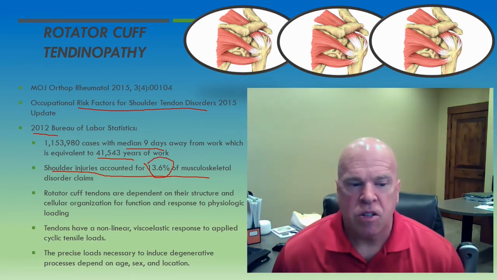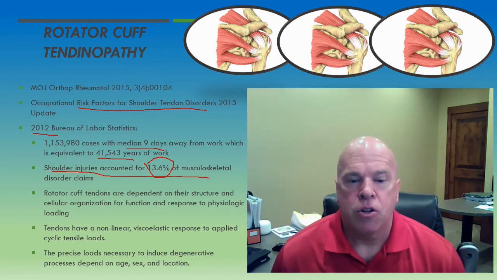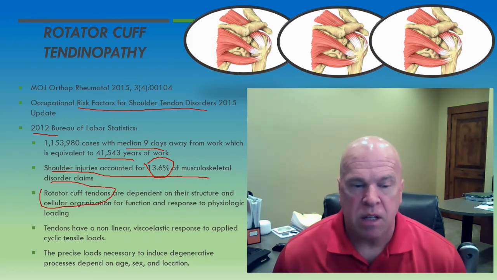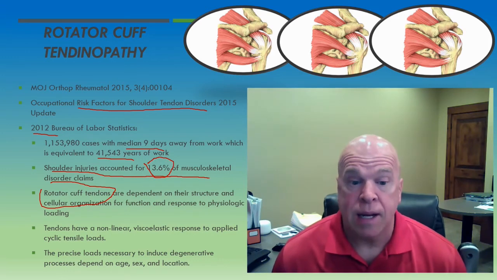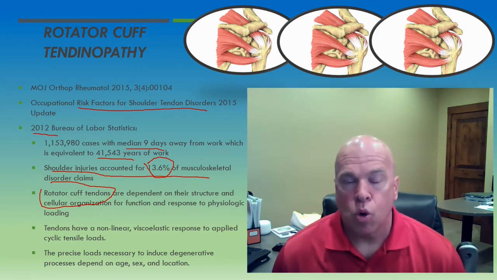And they tell us that, of course, the rotator cuff tendons are dependent on their structure and cellular organization for function and response to physiologic loading. And of course, this is not unique to rotator cuff tendons. This is common to all tendons throughout the body, in that tendons throughout the body have a normal physiologic response to loading.